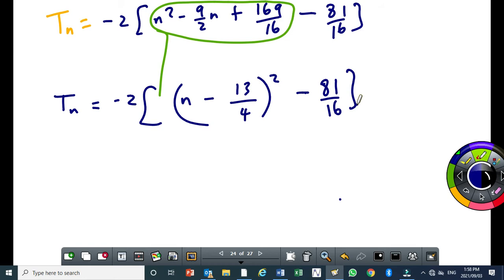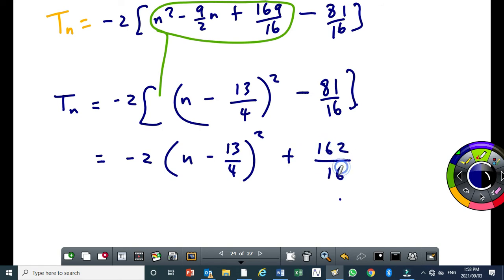If we do that, we will get minus 2 times n minus 13 over 4 squared, right, plus, if I multiply that by 2, I'll get 162 over 16. Right? Is 16 a factor of 162? No. Right? But this 162 over 16 is close to 10.